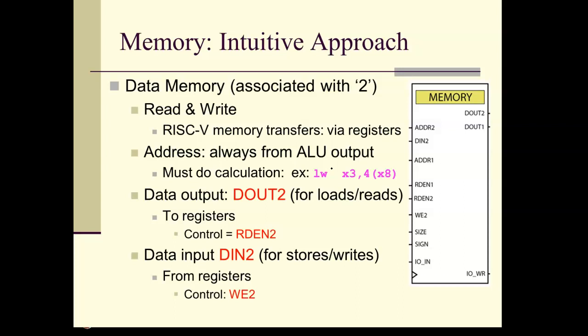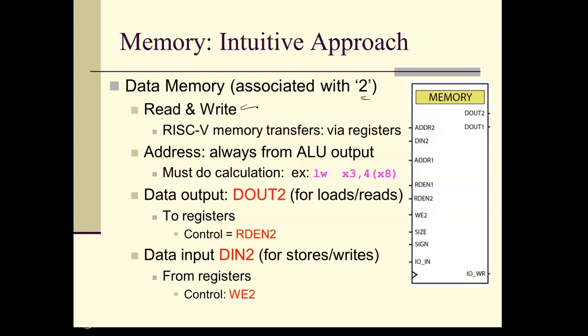The other memory is just the regular data memory, and that's everything associated with the 2 label. The idea here is that with memory, we're reading and writing. The RISC-V does all memory accesses, whether reading or writing, through registers.